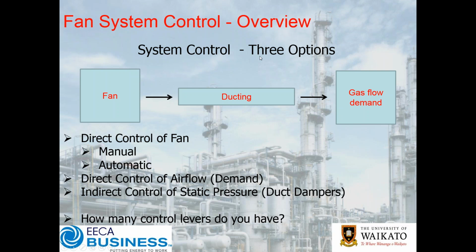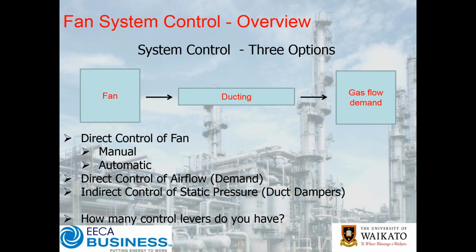Now, when we talk about the fan, we can directly control the fan itself, i.e. we might be able to manually adjust the speed of the fan, or we might have some sort of automatic control. We could look at the speed of the fan, or we could look at throttling the fan. There are a number of different options, but fundamentally, direct control of the fan is a way of controlling what goes in or out of the system.